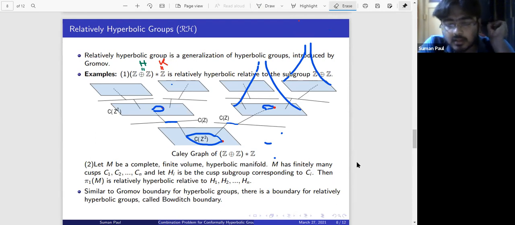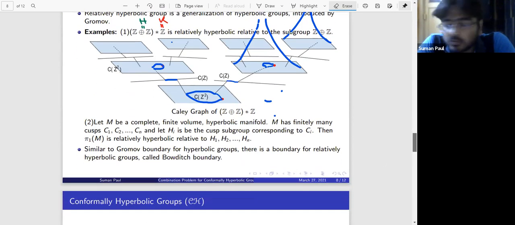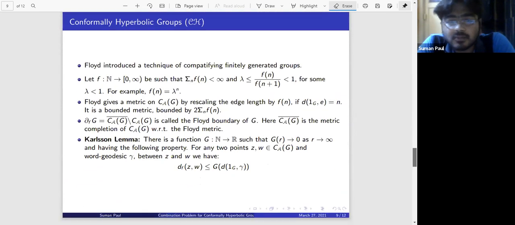Similar to the Gromov boundary of hyperbolic groups, there is a boundary of a relatively hyperbolic group called the Bowditch boundary, which is essentially the Gromov boundary of its augmented space. Now come to the topic, which is conformally hyperbolic groups.